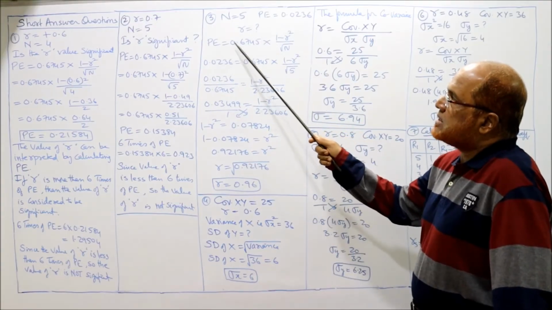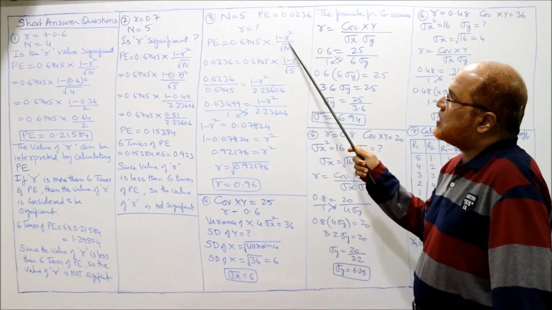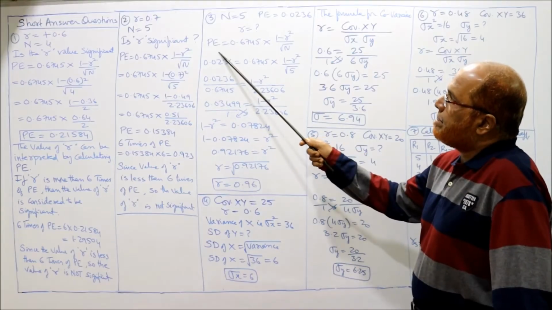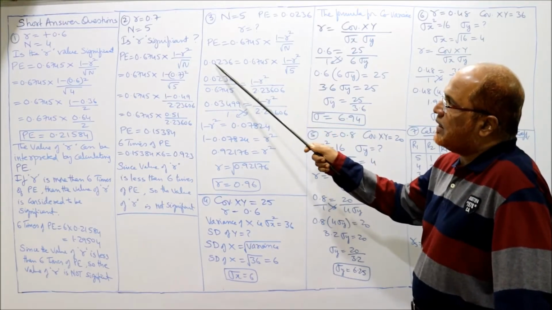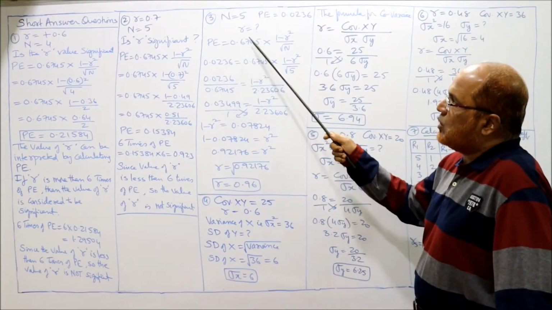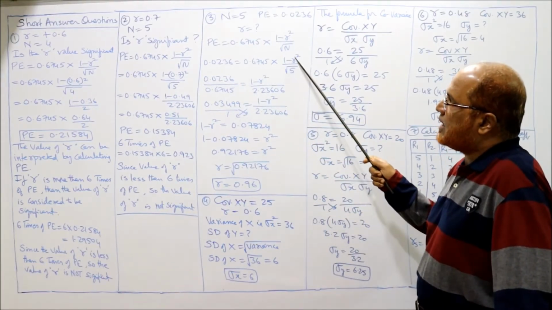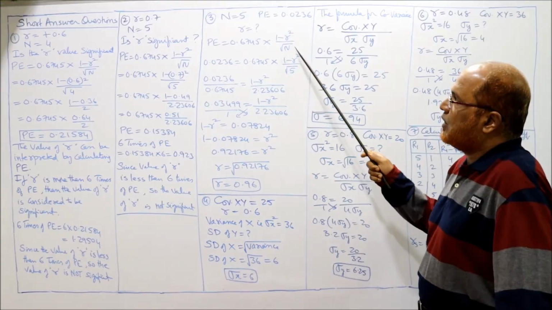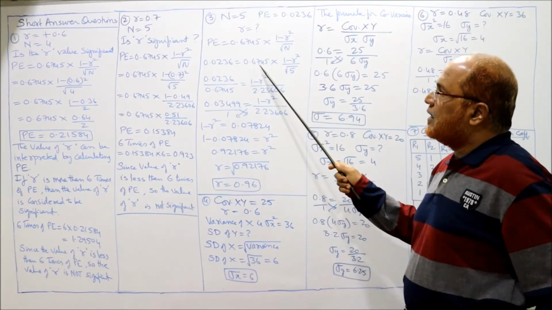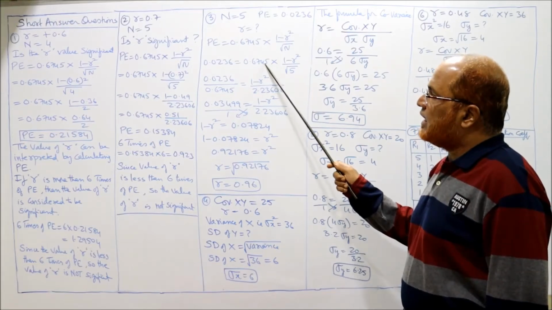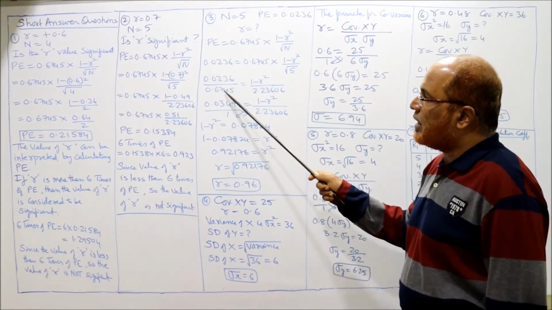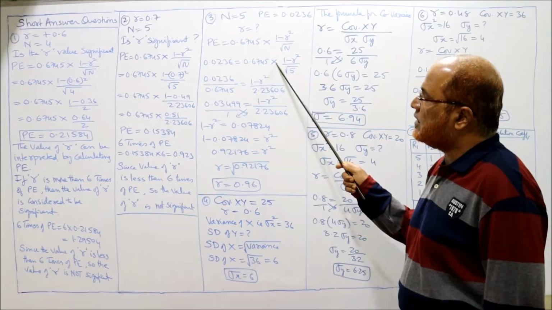The formula PE is equal to 0.6745 into 1 minus R square by root N. PE value is given in the problem as 0.0236, so in place of PE we write 0.0236 is equal to 0.6745 into 1 minus R square by root 5. Now, 0.6745 is on the RHS. If we take it to the LHS, it will become division because there is a multiplication sign here.